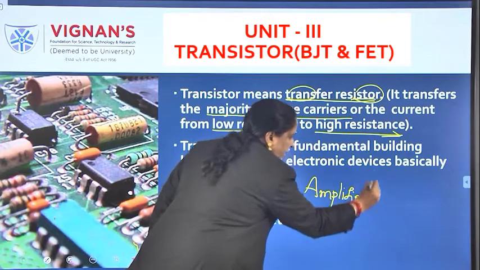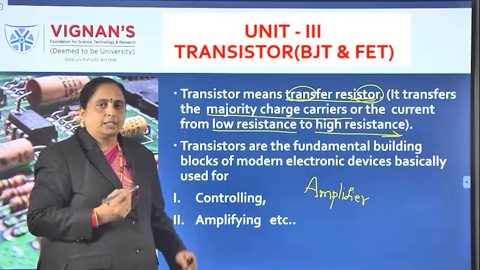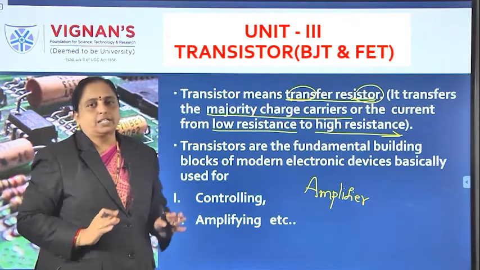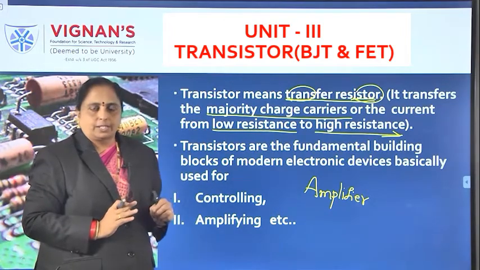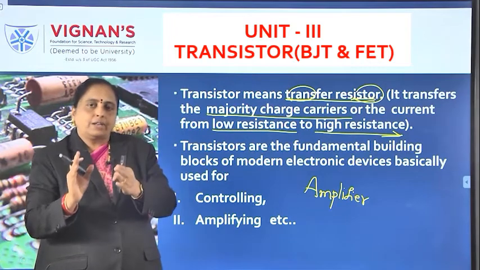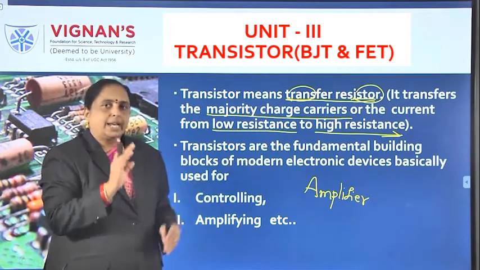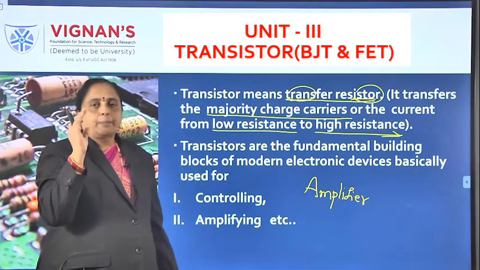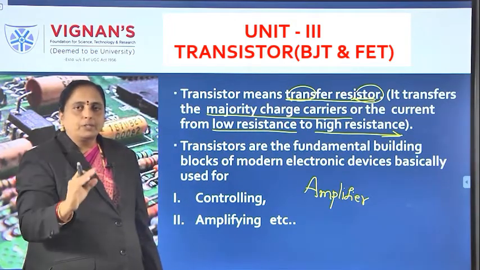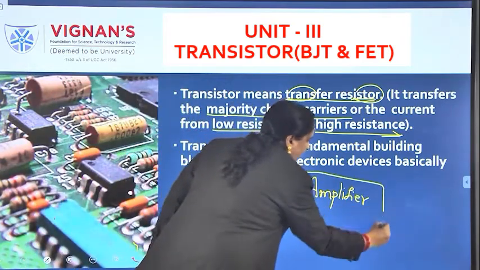As the charge carriers are moving from low resistance path to high resistance path, it has an excellent application known as amplification. Whenever a low or weak signal passes from low to high resistance path, that will create some amplification. That is, the magnitude of the input signal is raised at the output. For example, this is an amplifier.